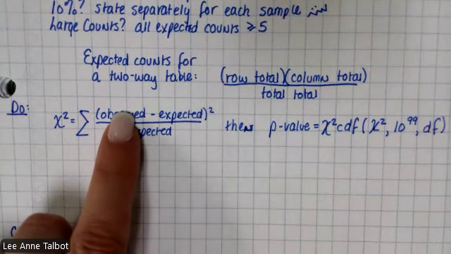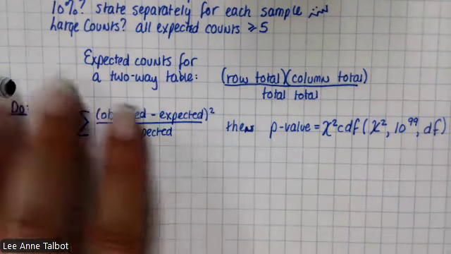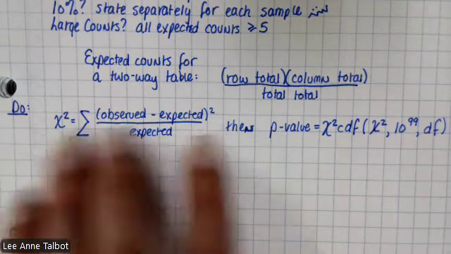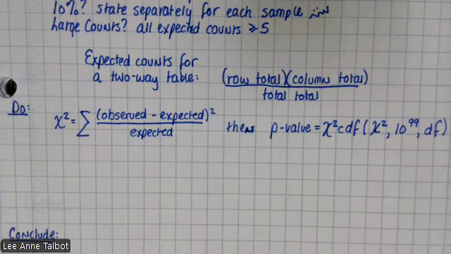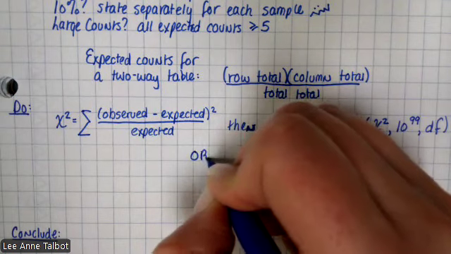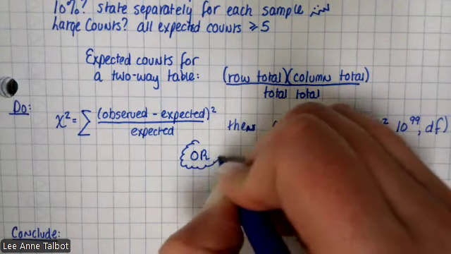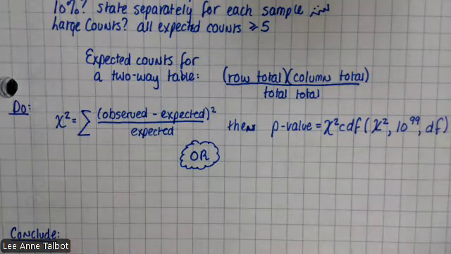You take all of the observed minus expected squared over expected, calculate the chi-square statistic, and then use chi-square CDF to find the p-value. I don't know if I'm ever actually going to do that, to be honest with you. I don't even think I'm going to do it in the example, because the calculator will do it for you. But you have to use calculator functions that you've never used before. Ooh.